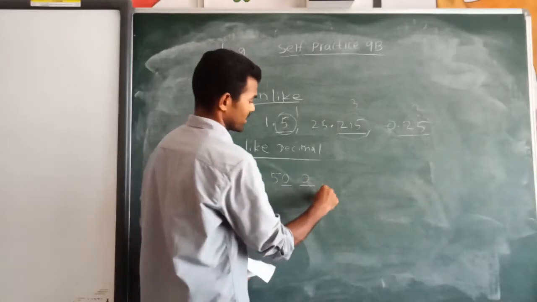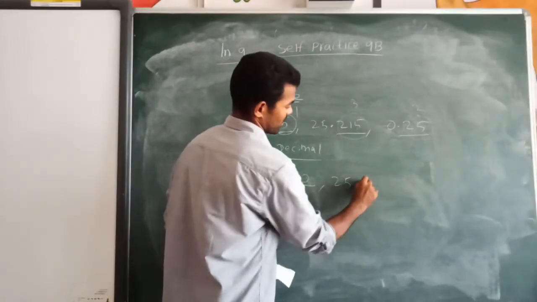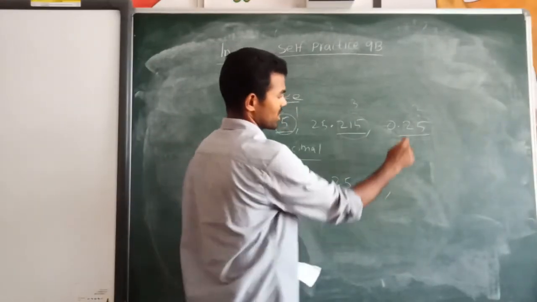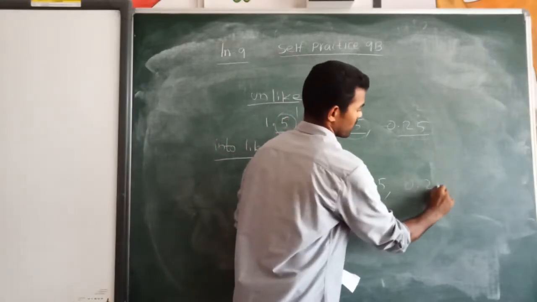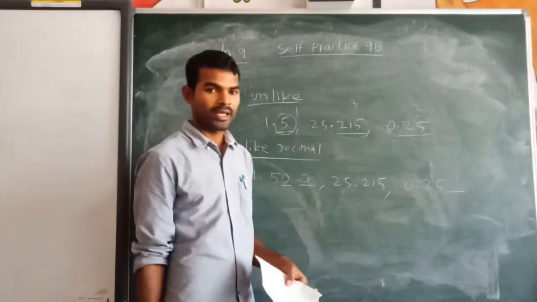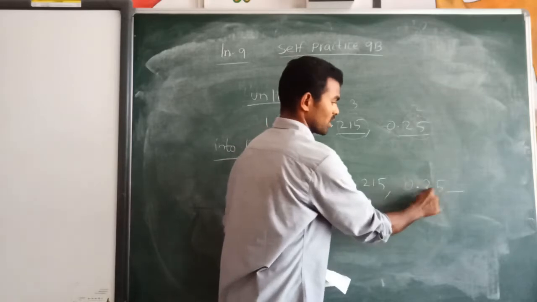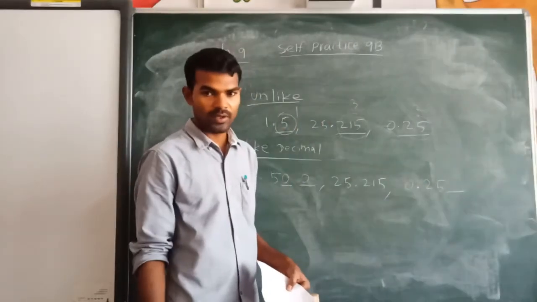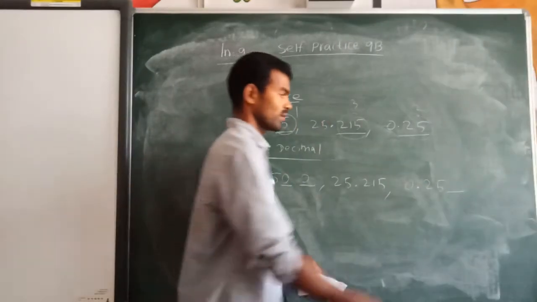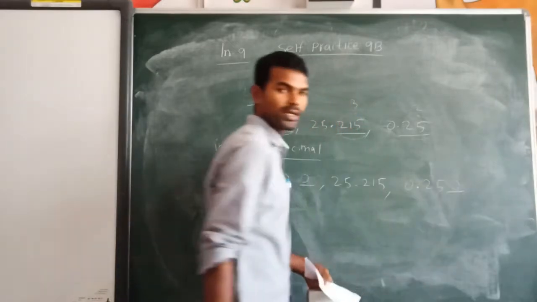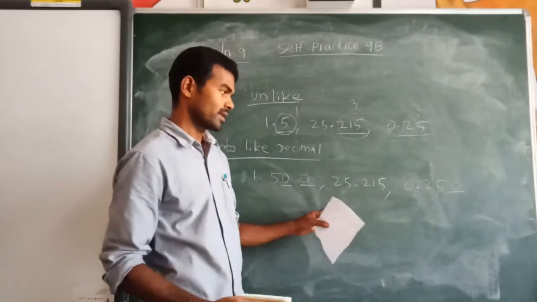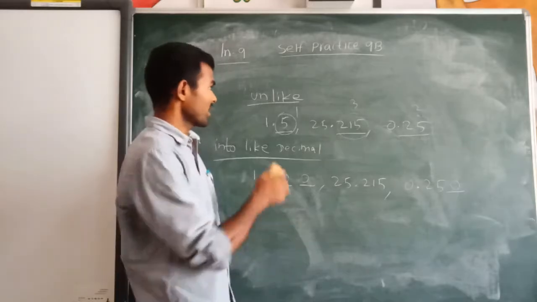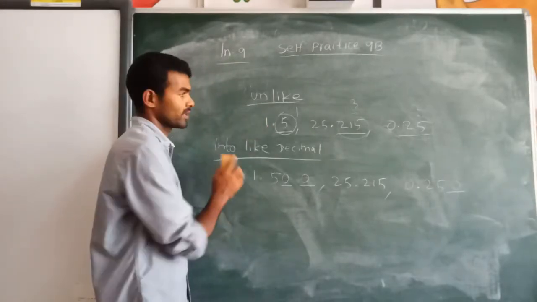This number is already there, 25.215. The next number, 0.25: we need one more number. After the point we have only 2 numbers, the third number we don't have, so write 0. Got it? Like this we can convert unlike into like.